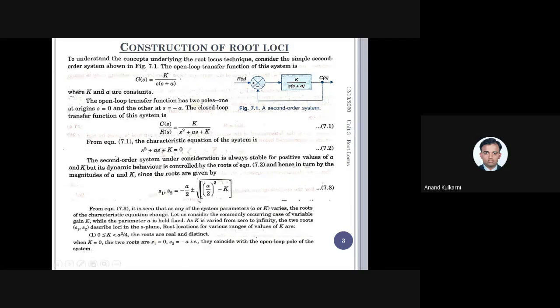If k becomes greater than (a/2)², this under root quantity becomes negative. When the under root quantity becomes negative, root of a negative quantity is imaginary. So as k goes on increasing further, more than (a/2)², there will be a real part equal to −a/2, and an imaginary part which is j times something.